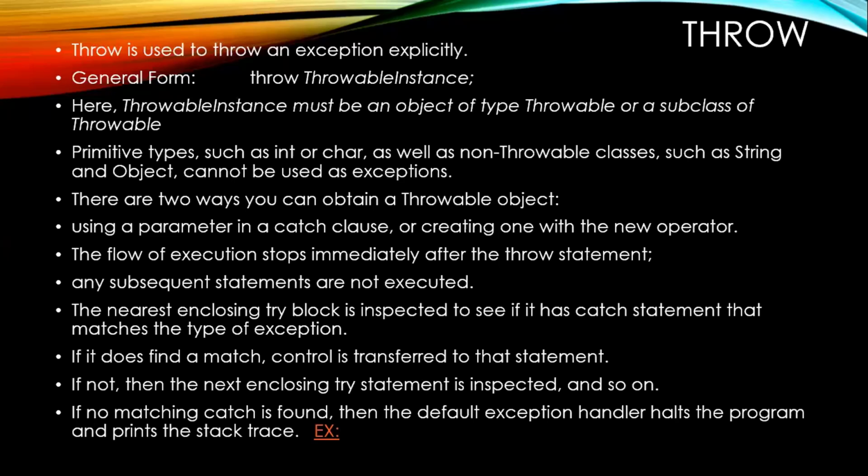If no matching catch is found, then the default exception handler halts the program and prints the stack trace. So if you have not written any catch block for that exception, JVM will give control to the default exception handler, and whatever the description is with respect to print stack trace will be printed on your screen.